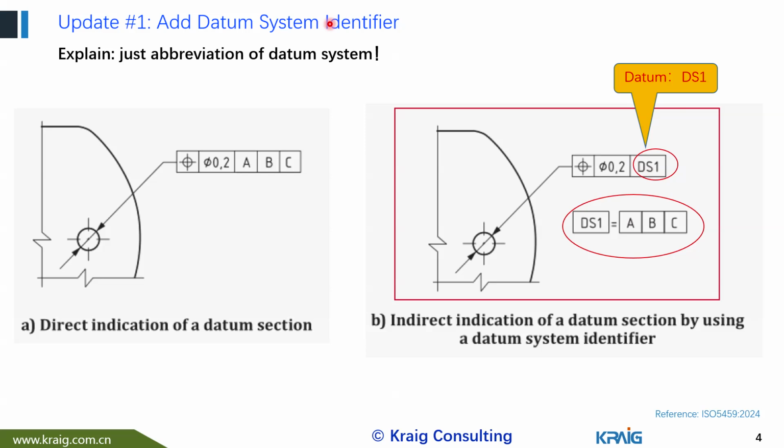They're talking about an identifier, and DS1 means datum ABC. So basically, the new standard allows you to use an abbreviation of the datum system in the drawing to make it more convenient for you. I don't think there's anything special.